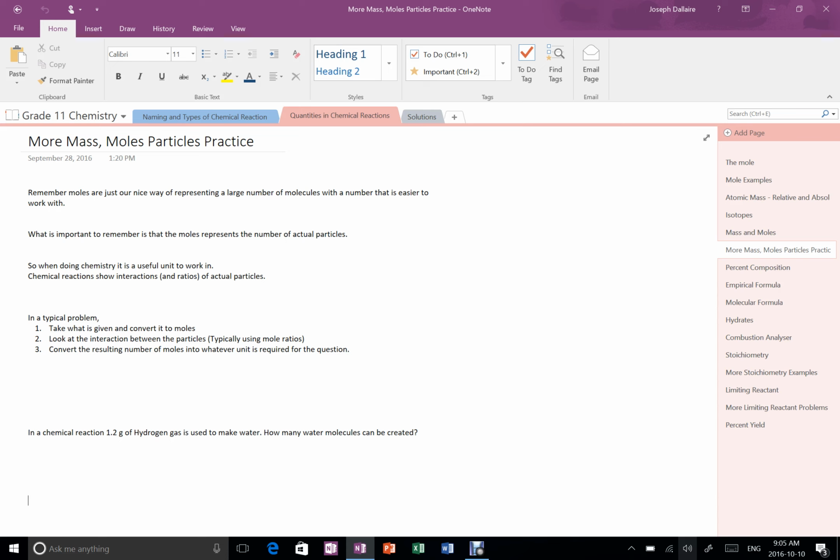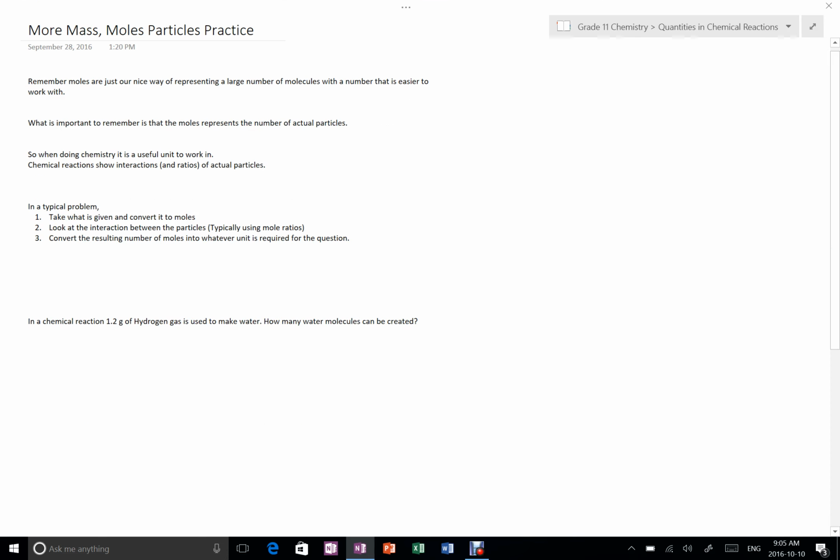Often this will be a chemical reaction, to do a mole ratio if that's appropriate. And then once we get the number of moles of whatever it is that we are interested in, we'll convert that number of moles back out to whatever unit we wanted to use. So let's just see how that works for this question here.